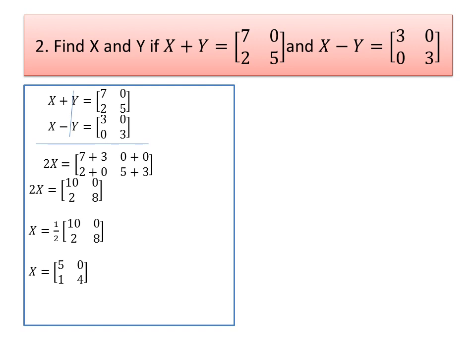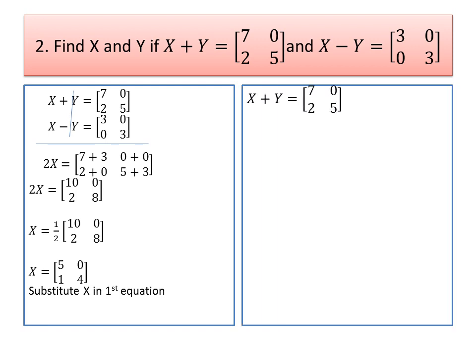To find y, we will substitute x in the first equation. Let the first equation be x plus y is equal to [7, 0; 2, 5]. Substitute x, then [5, 0; 1, 4] plus y is equal to [7, 0; 2, 5].